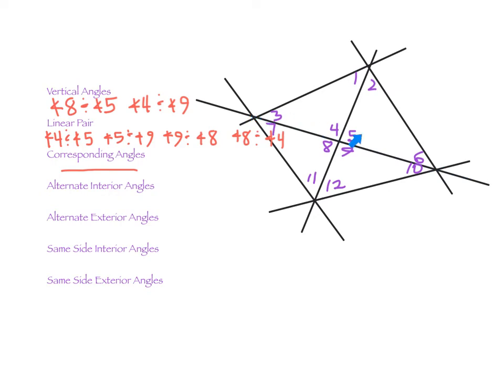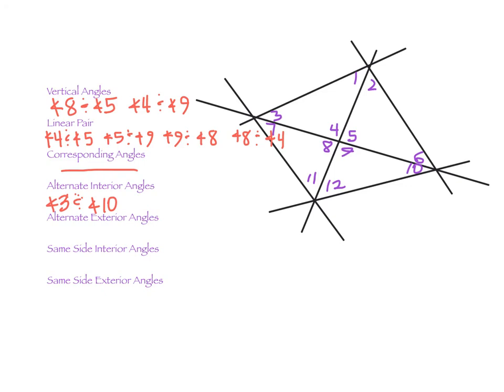So along this line, here are my two lines that it cuts in half. So wouldn't this give me a Z? So 3 and 10 would be alternate interior angles.